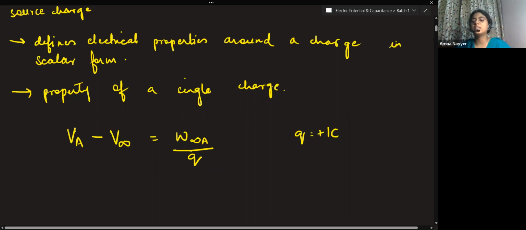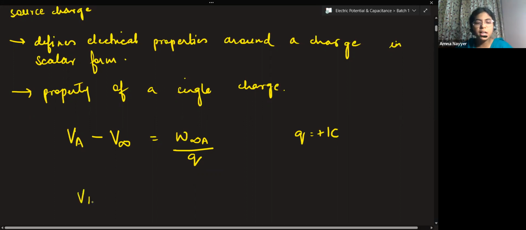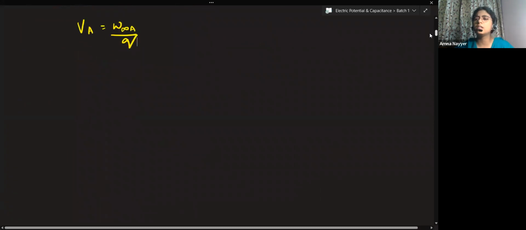That's why we say electric potential is the work done in bringing the charge from infinity to a particular point. Now say potential at infinity is 0. So you can simplify and write VA directly as the work done to bring the charge from infinity to that point divided by the charge. No need to write VA minus V infinity all the time, because potential at infinity is 0.